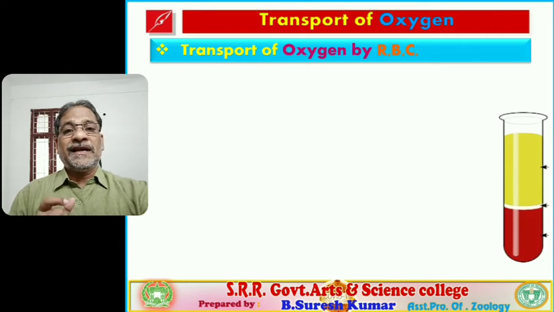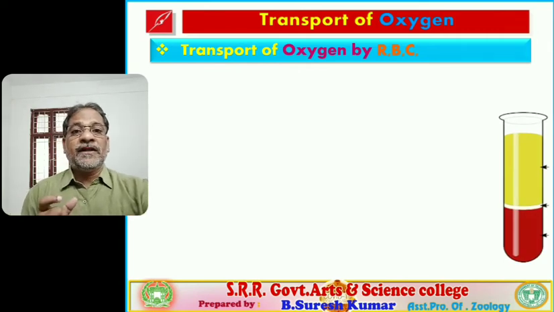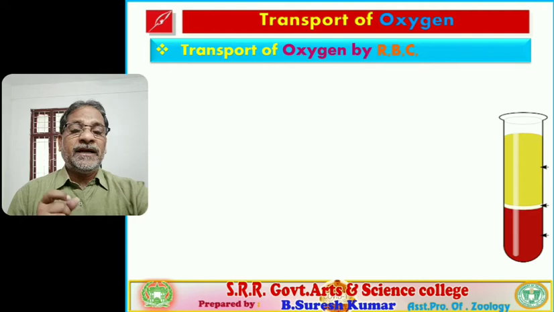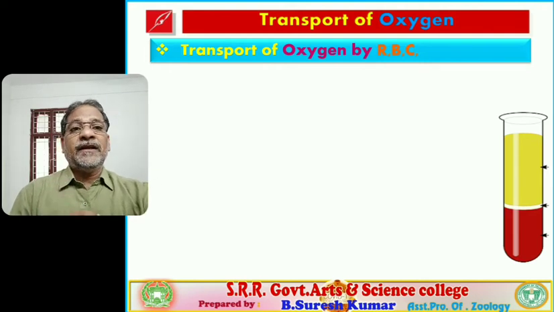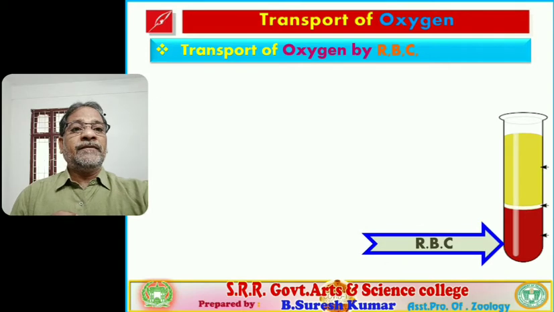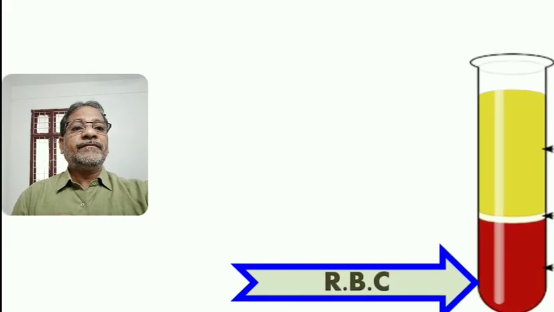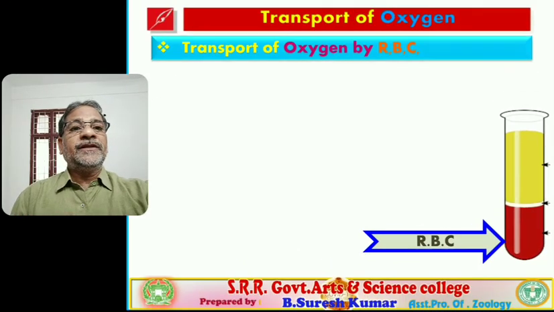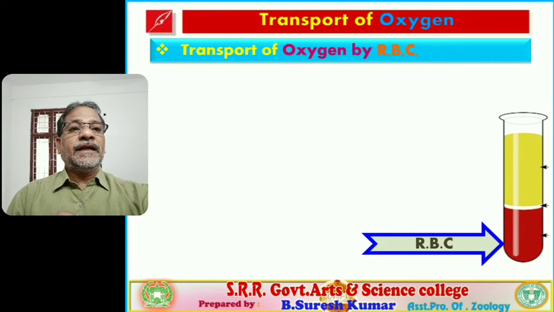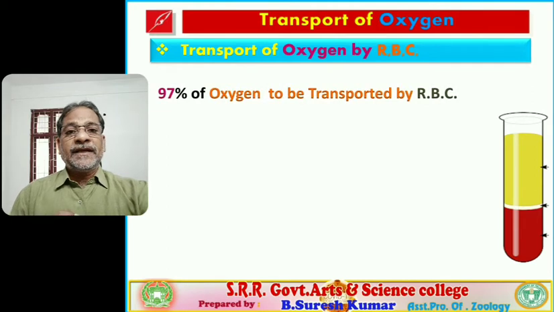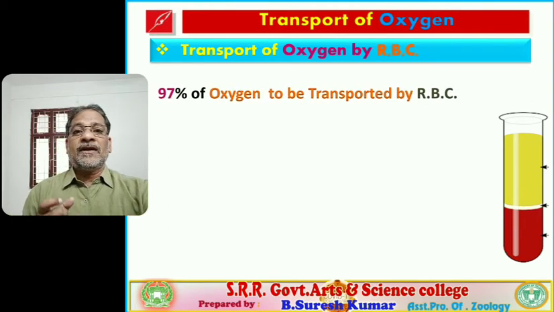RBC are what? Red blood corpuscles, one of the formed elements of the blood, one of the blood cells. So you observe this visual. In this visual at the bottom, in the precipitated content, you observe RBC, red blood corpuscles, also called erythrocytes. These red blood corpuscles are red in color.